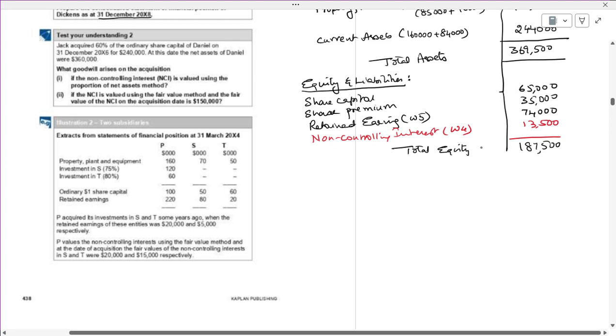Current liabilities. If we have non-current liabilities, we will take them. If we don't have non-current liabilities, we will not do anything. We just add up the things.